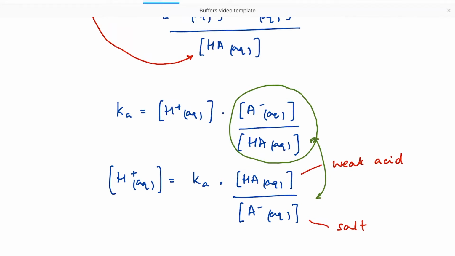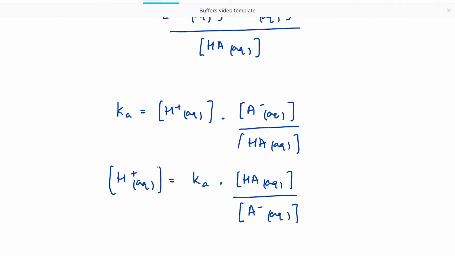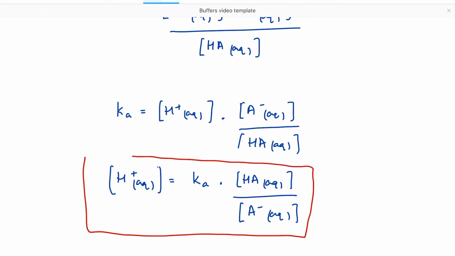So whereas it was the salt over the weak acid, it's now the weak acid over the salt. Okay, so just to note that, it's not an error. So now that we have this expression, we can use this to find the pH of a buffer solution, because we can use it to find the hydrogen ion concentration.